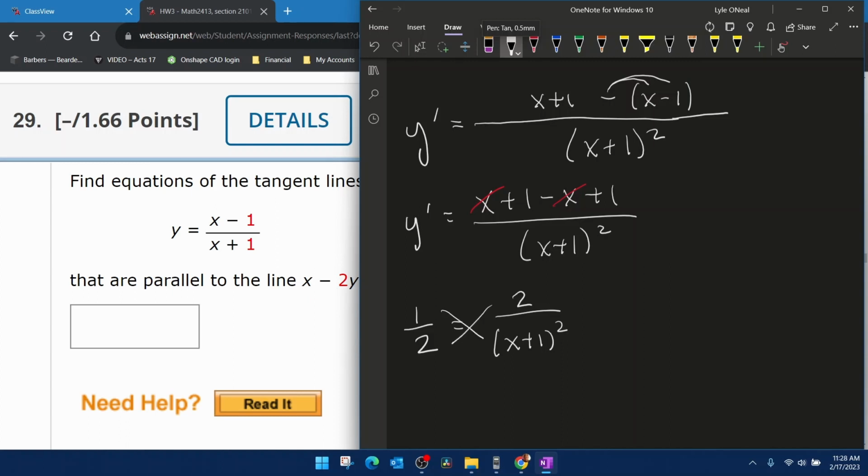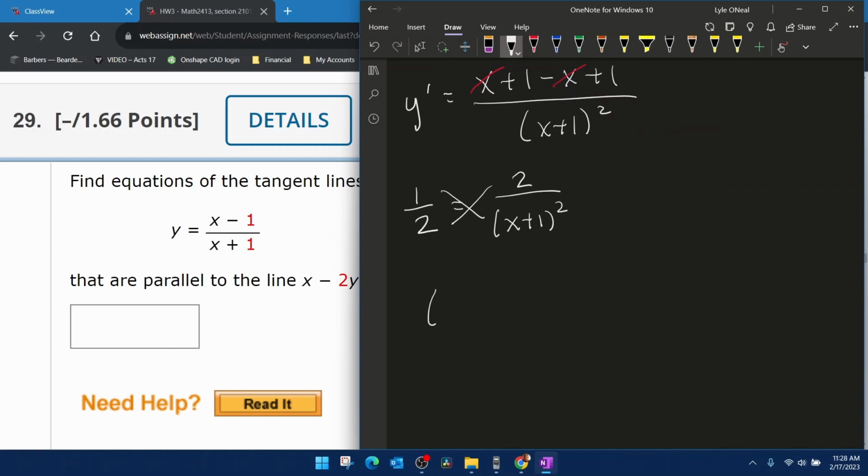Notice that this is a proportion, so I can cross multiply, and that's going to give me x plus 1 squared equal to 4. Taking the square root of both sides to get rid of the squared leaves me x plus 1. Square root of 4 is 2, but since I took the square root of both sides, I do need a plus and a minus.